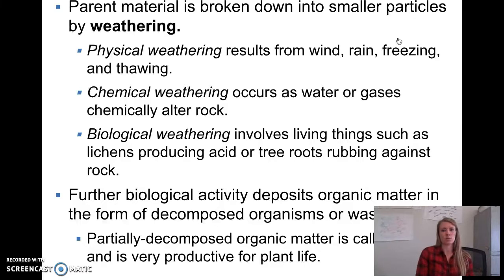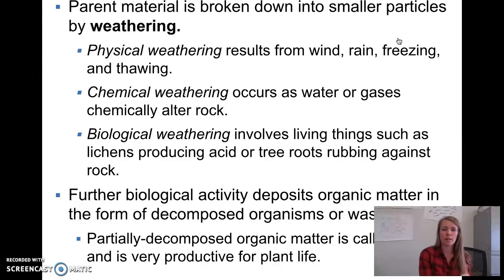Chemical weathering happens as water or gases chemically alter rock. So this could be from acid rain or anything like that, just changes in pH. Biological weathering happens with, as you could guess, living things, such as lichens. Lichens are a combination of moss and fungi, and they'll produce acid that will break down the parent material, or tree roots rubbing against the rock can also cause weathering.